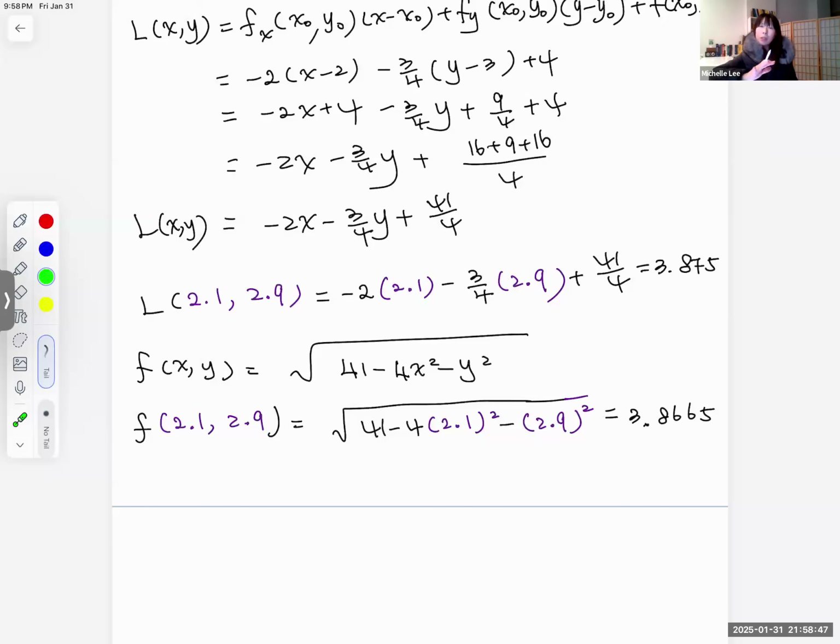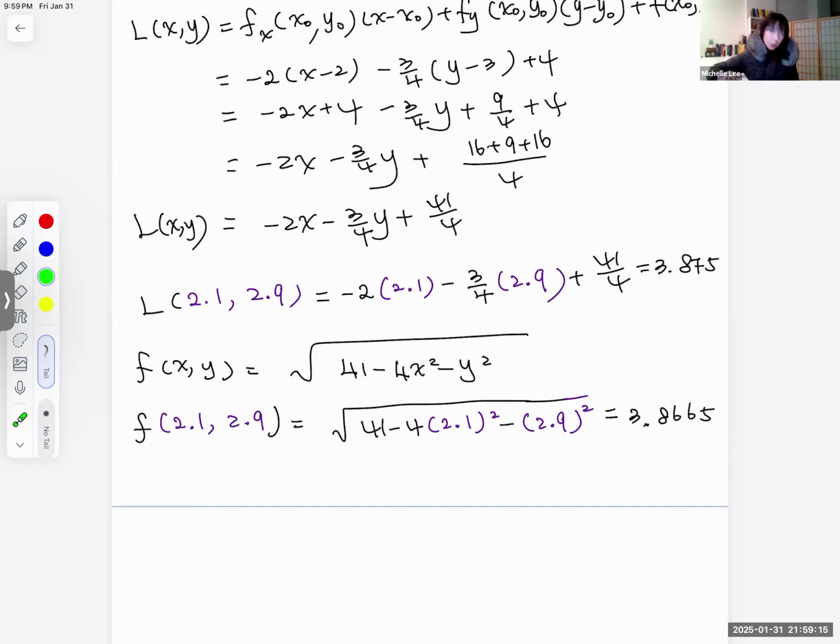Okay, so we just learned about the linear approximation, which is we want to approximate the function value at a given point, right? All right, now we're going to learn differentials. Same as calculus 1, when we talk about the linear approximation, we always talk about the differentials as well.